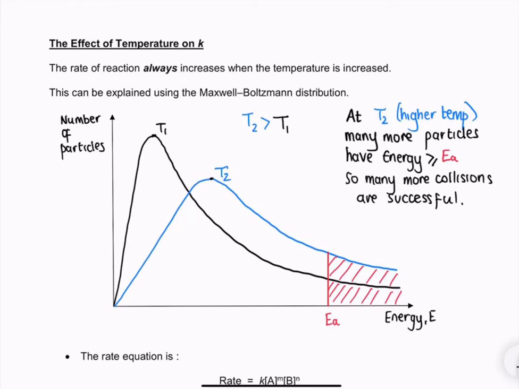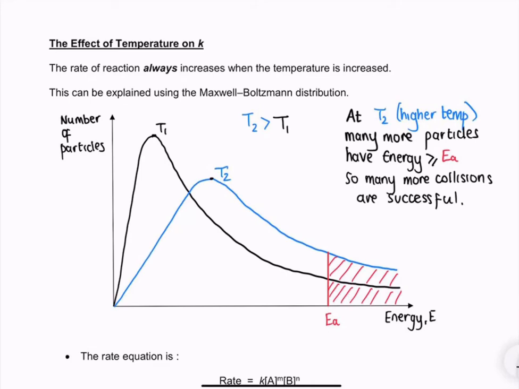So when we get to that shaded area at the end, representing all the particles that can react, so all the particles that have energy greater than the activation energy, we can see that the shaded area is increasing at the higher temperature. And then we've written our little statement: many more particles have energy greater than or equal to the activation energy, so many more collisions are successful. We wrote that down at the beginning of this section of work. So that is how temperature affects rate.